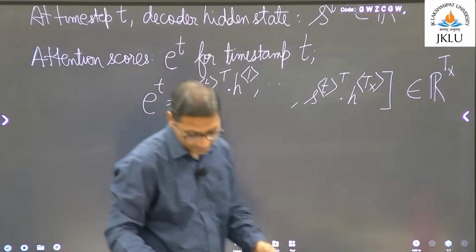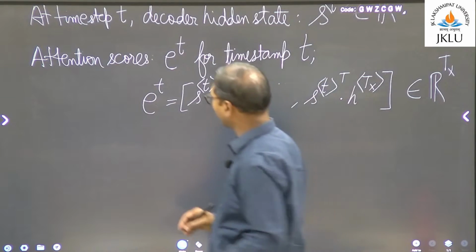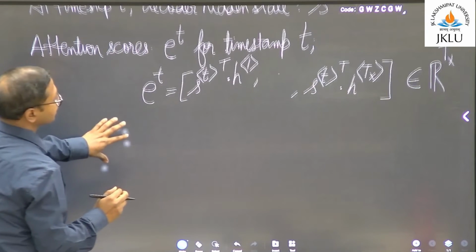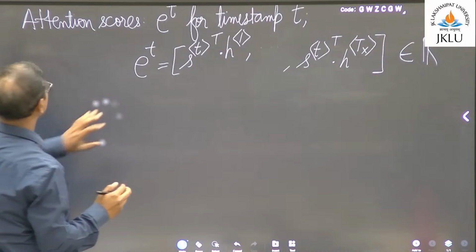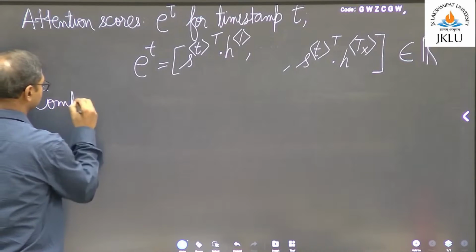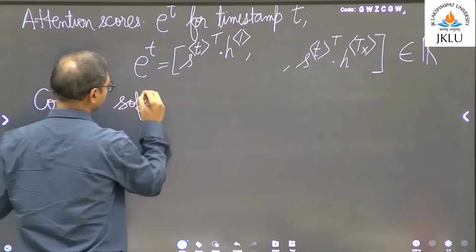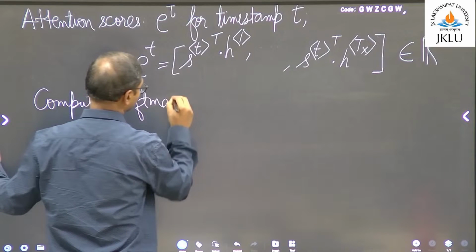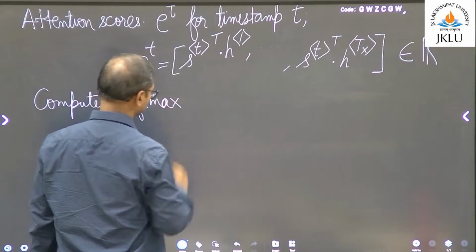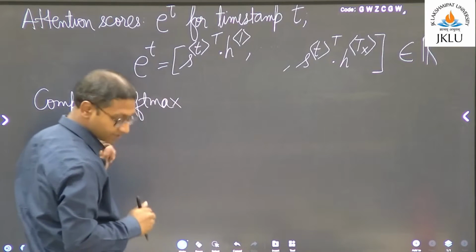Okay, what is the next thing that we are computing? So now compute softmax to get the attention distribution.